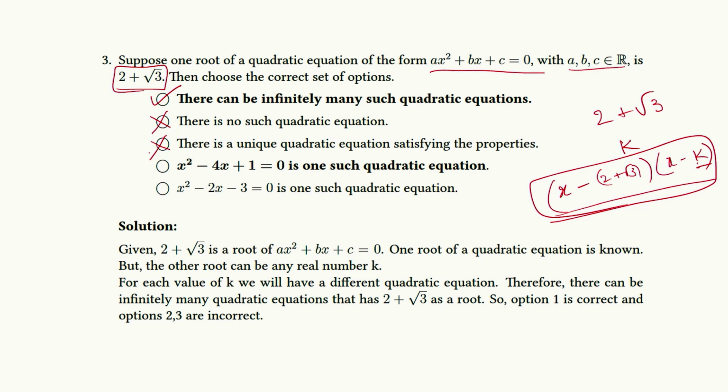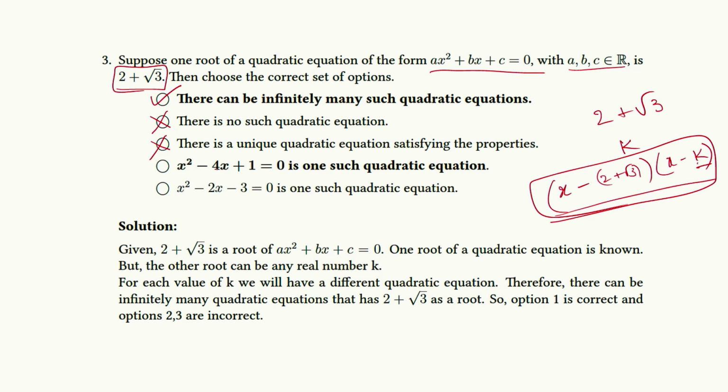Option 4 says that x square minus 4x plus 1 equal to 0 is one such quadratic equation. So to know whether this is true or not, let's just substitute 2 plus root 3 in the given quadratic equation.